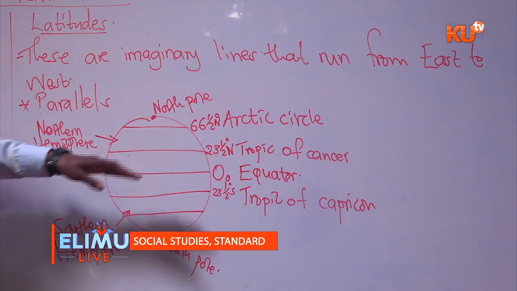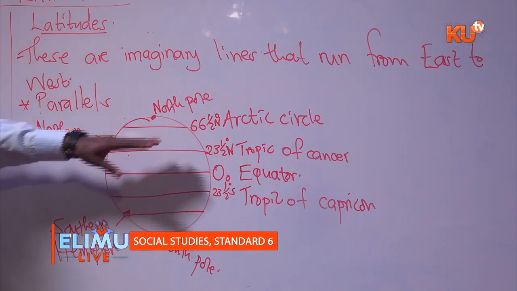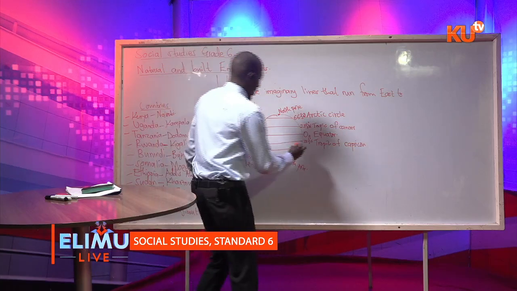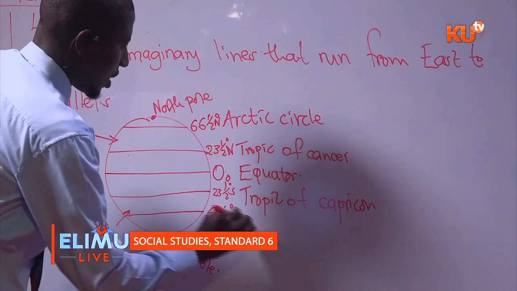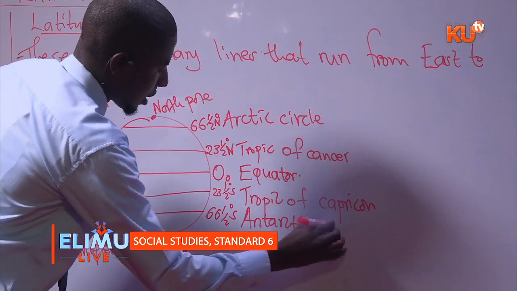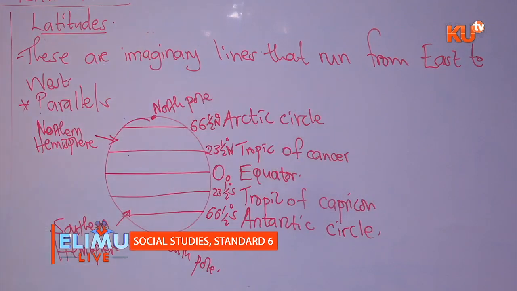I know you have heard of the word tropics and the word equator, and when we shall be doing climate, which is actually the next substrand after this, we'll learn how these tropics and the equator affect climate. Then we have 66 and a half degrees south, which is the Antarctic Circle. And those are the major lines of latitude.